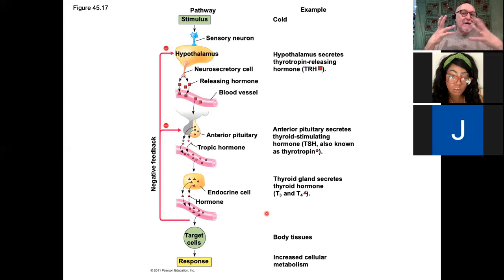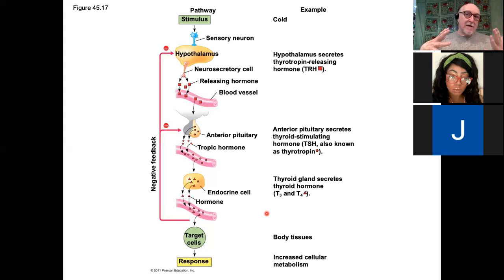That thyroid hormone released into the body is extremely powerful, because what it does is it causes all of the cells of the body to increase their metabolism. They kick their cellular respiration, for example, into high gear. And as a result, remember that heat is a byproduct of metabolism, right?